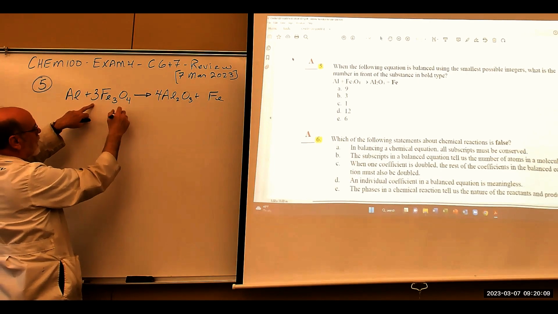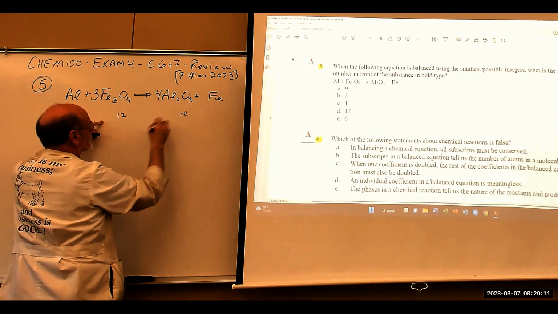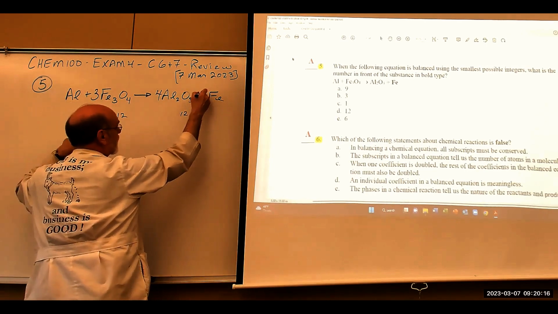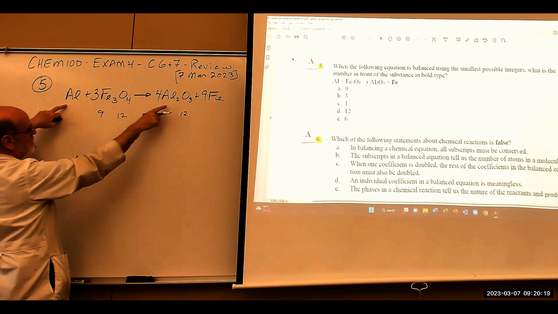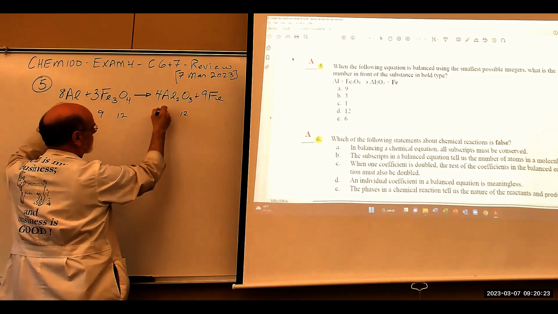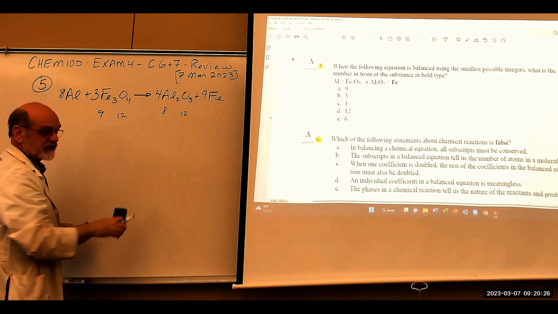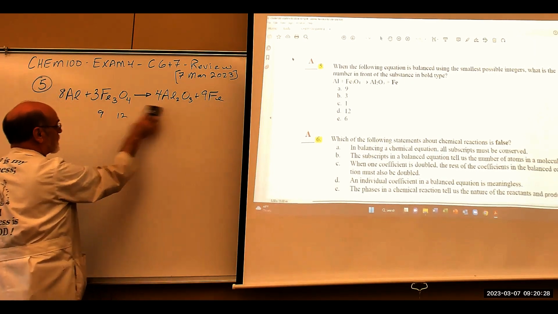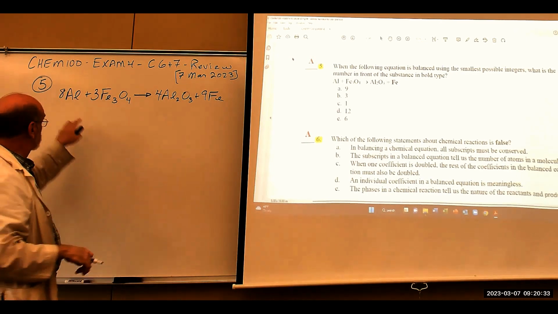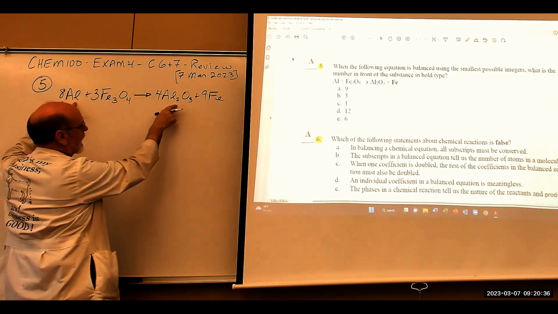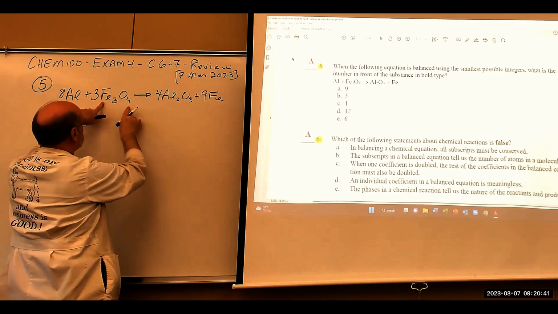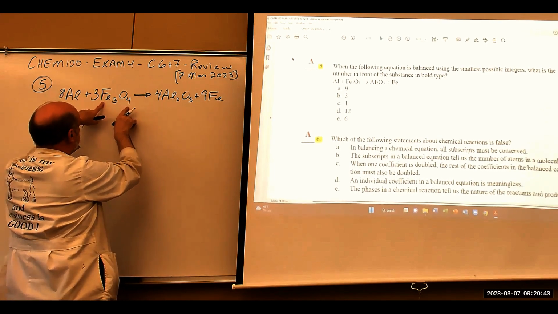Now we have 12 oxygens and 12 oxygens, but we also have 9 irons. So we need 9 irons, and we have 8 aluminums. Notice I didn't use the budget for this one. You can use the budget, that's fine. But all we have to do now is count them up and be sure. So 8 aluminums, 8 aluminums, 9 irons, 9 irons, 12 oxygens.